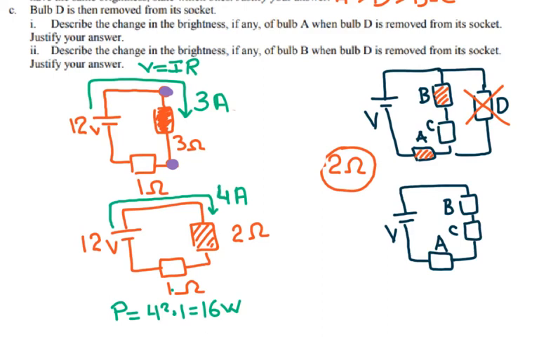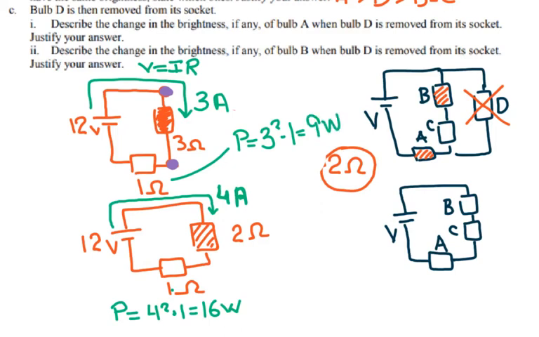So you used this much current before you took that resistor away. Now your current drops. So the power on A is equal to 3 squared times 1, which equals 9 watts.